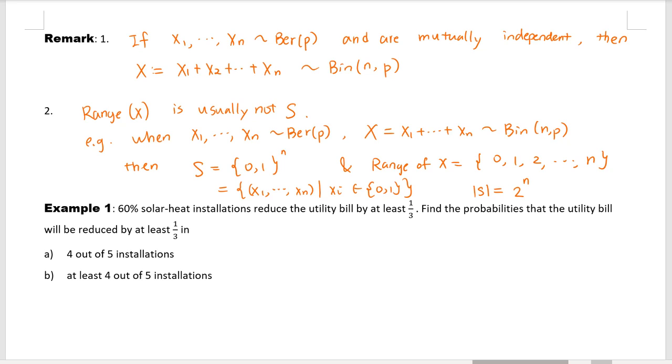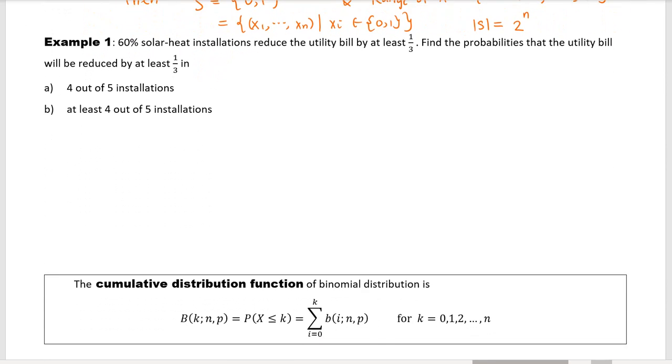Alright, so let's look at example 1. 60% of solar heat installations reduce the utility bill by at least 1/3. Part A: find the probability that the utility bill will be reduced by at least 1/3 in 4 out of 5 installations. Part B: at least 4 out of 5 installations.